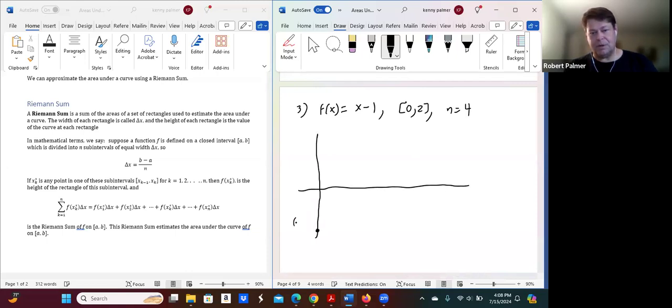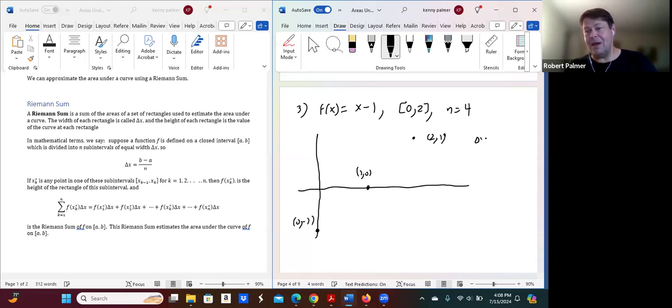Okay, so once again, this point is 0, -1. This point is 1, 0. And this point right up here is going to be 2, 1. Okay, now we want to do 4 subintervals or 4 rectangles. Okay, so n is equal to 4.